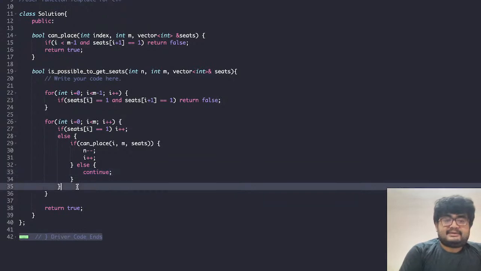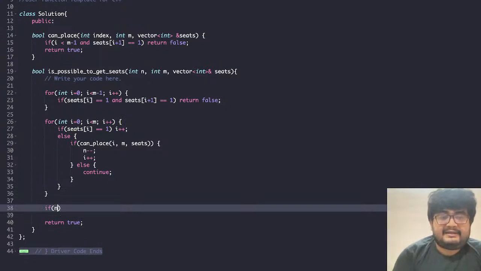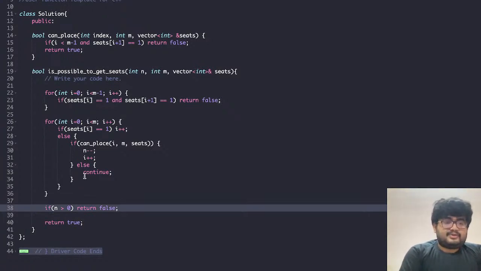So I believe this should be the condition. And here, if n greater than 0, return false, otherwise we can return true. So I think that should be it.